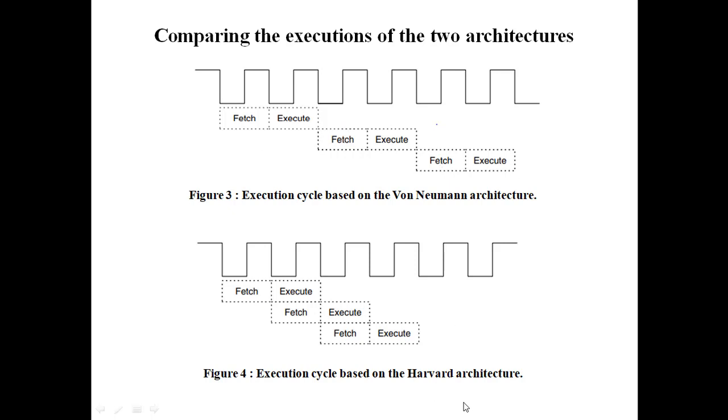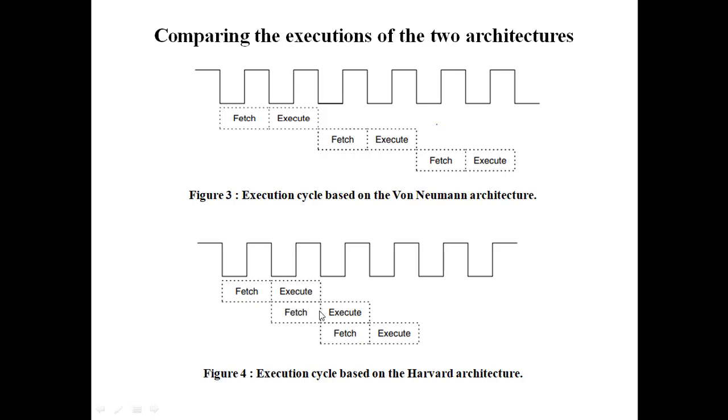Whereas in Harvard architecture, once the processor fetches the instruction, next it will decode the instruction and go to the execution cycle. Now during the execution cycle, since we have a separate bus and memory, the processor will fetch the next instruction.